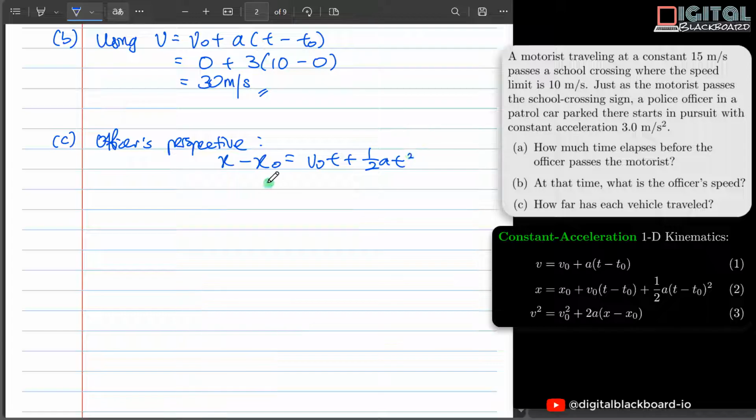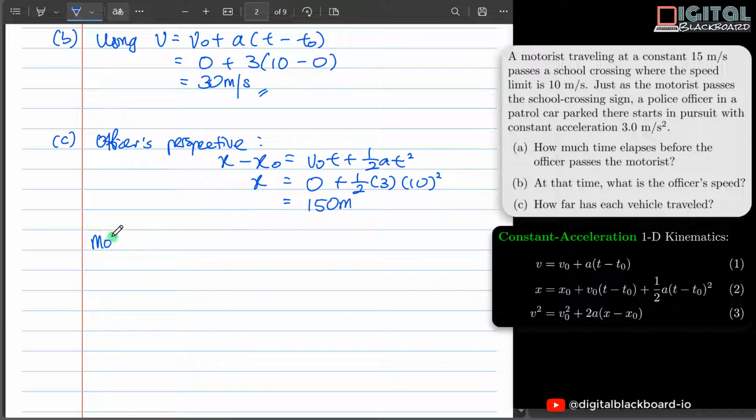X naught is 0, and v naught is also 0 for the police officer. Initial velocity is 0 plus half times acceleration of 3 times t, which is 10, squared. So this will give us a position of 150 meters.